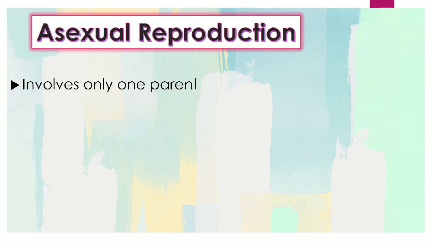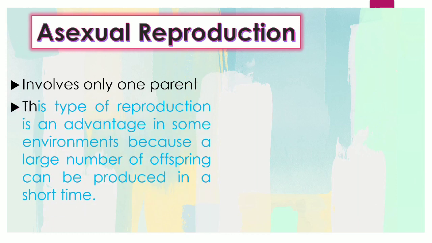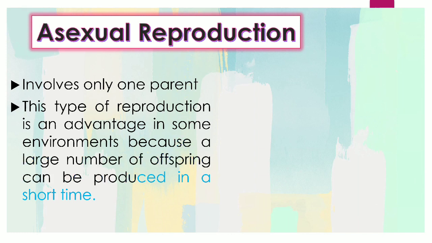Essentially, one parent creates an exact duplicate of itself, or clone, meaning the offspring has only that parent's genes. This type of reproduction is an advantage in some environments because a large number of offspring can be produced in a short time.